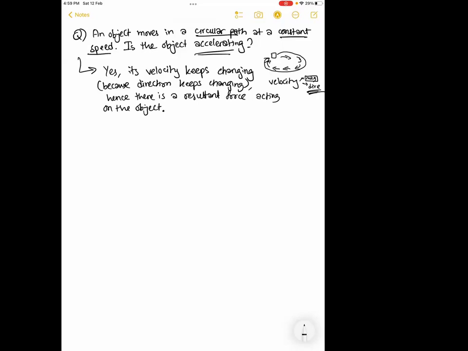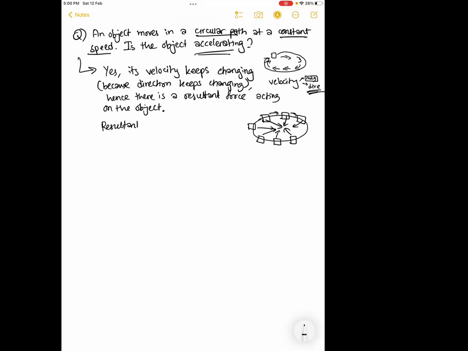I'll check again, but I'm just going to tell you that in circular motion, the resultant force is acting towards the center of the circle. So as the object is moving, the direction of its resultant force is still towards the center of the circle.